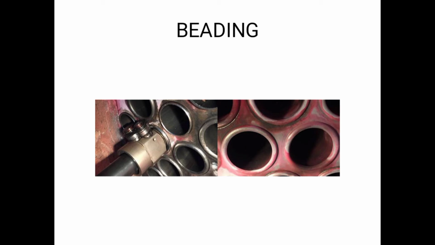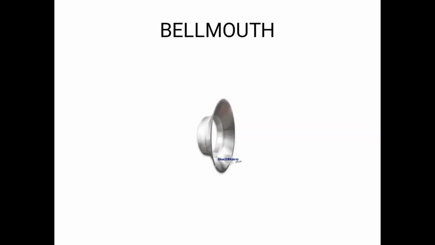And then with the help of the beading tool, we bend the corner of the tube back, and you can see that this type of shape is formed after beading. All these things are done for the reliability of the tube joint. So this was beading, and one is bell mouth.